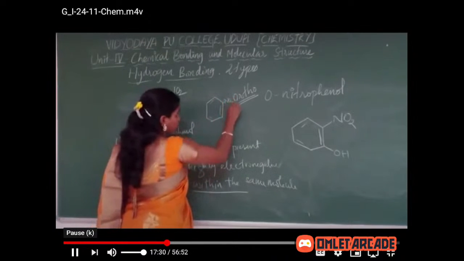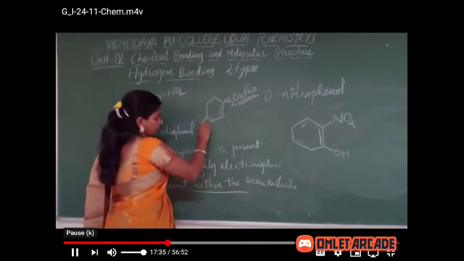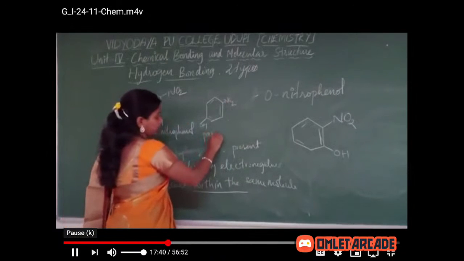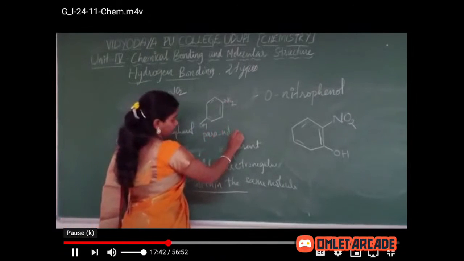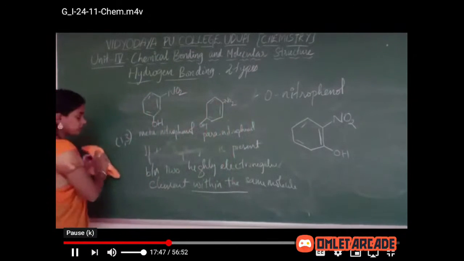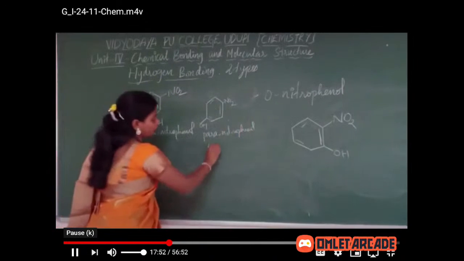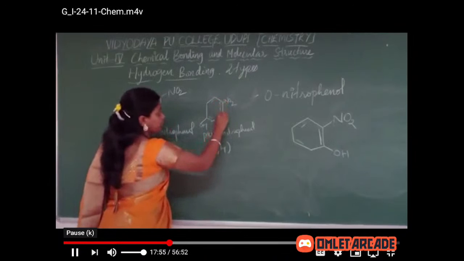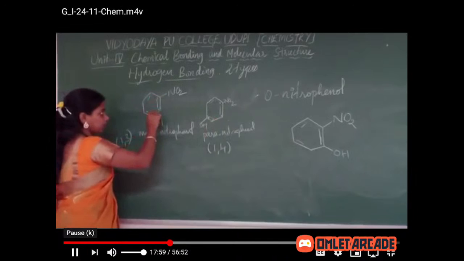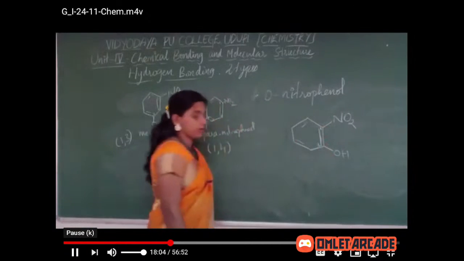This is NO2, and on this side, exactly opposite, OH. This is called para-nitrophenol. Para-nitrophenol is 1 and 4 position. First carbon, second carbon, 3, 4th carbon. Here first, second, 3. Whereas here in ortho it is 1 and 2, second carbon.